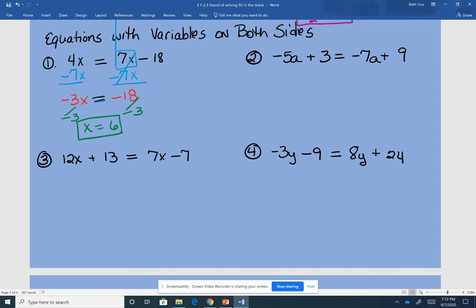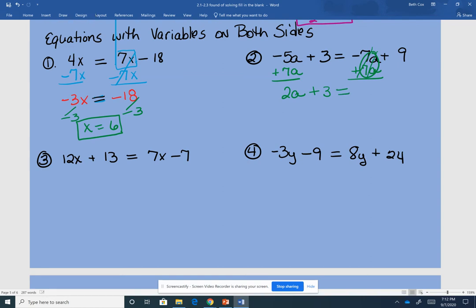Right? So now on the other one, again, this time I'm going to focus on that one. I'm going to do the opposite, add 7a to both sides. That's going to go away. That's 0. This is going to give me 2a. Bring down the plus 3.